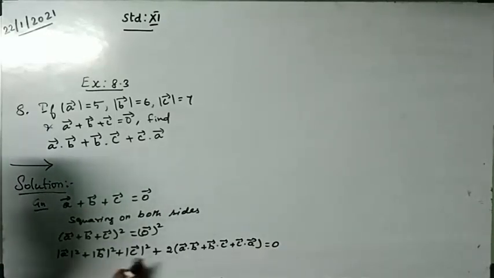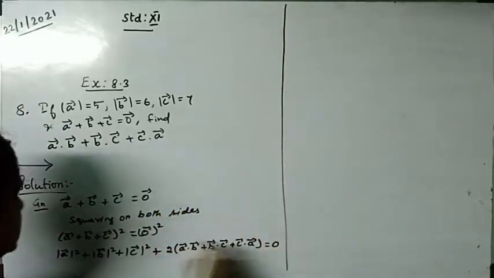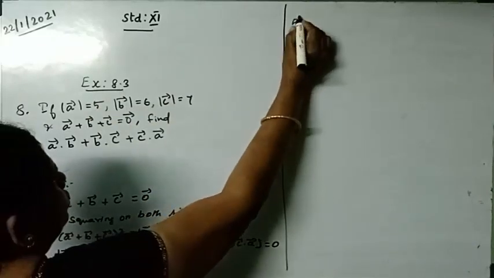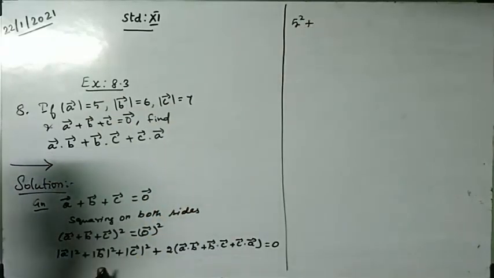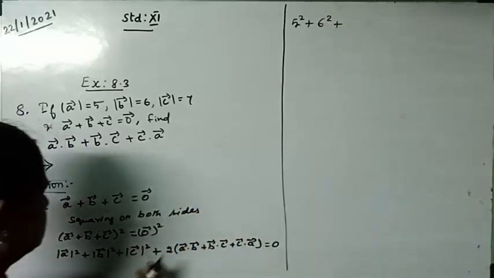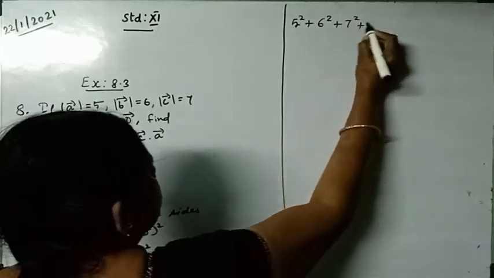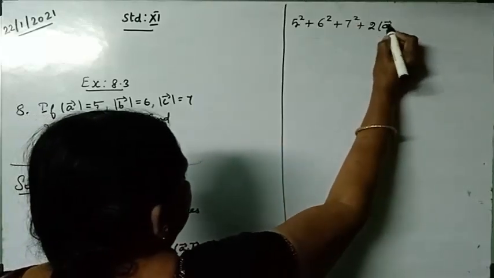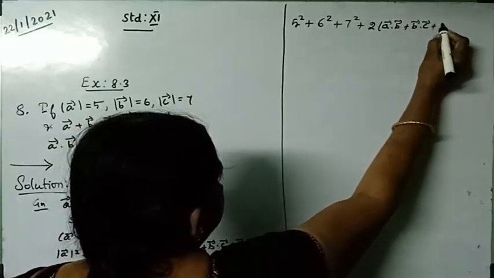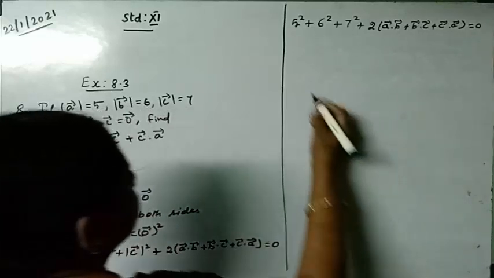So for these moduli we have the values. It is given: what is modulus of A? It is 5. So 5 square plus modulus of B is 6, 6 square, plus modulus of C is 7, 7 square, plus 2 into (A dot B plus B dot C plus C dot A) equal to 0.